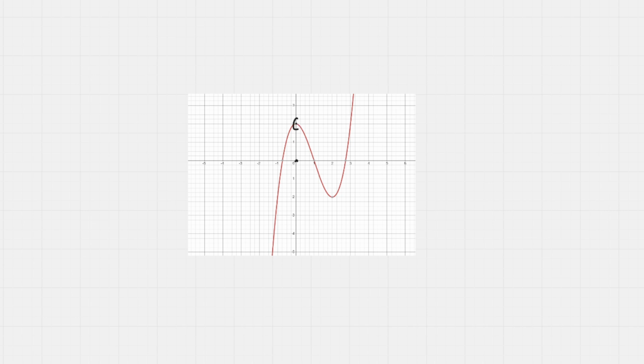So this point is (0, 2), which is our critical point, and at x is equal to positive 2, the y value is negative 2. So this point is our other critical point, (2, -2). Hope this will help you to understand how to find the critical points algebraically and how to see them graphically.